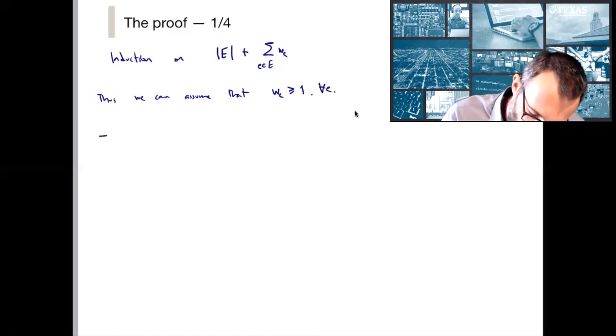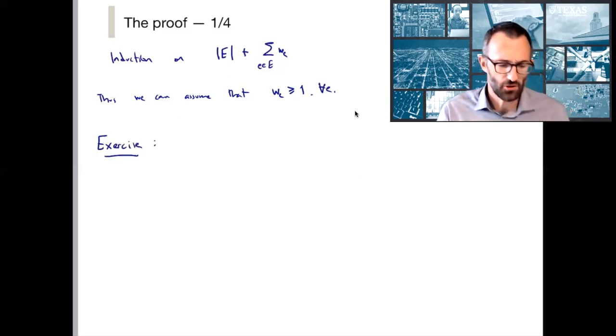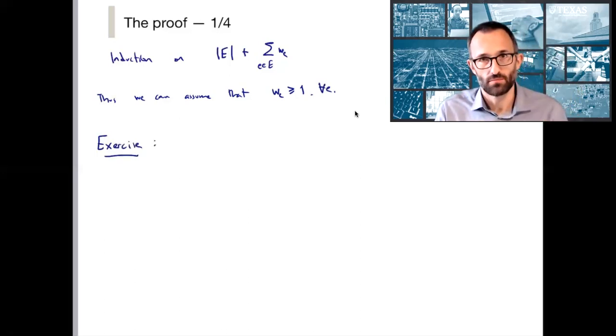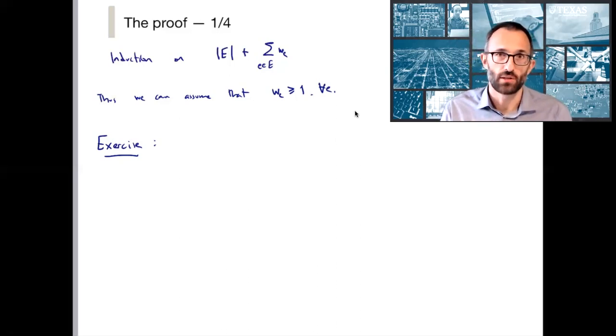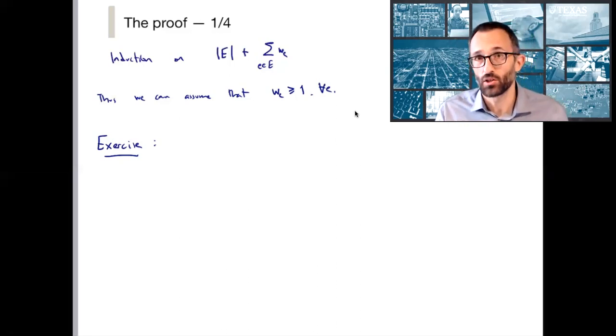And now here's an exercise. The exercise is to show that if there exists a vertex that is present in every max weight matching, then we can use this induction to solve the problem. So the rest of the proof is going to assume that there does not exist such a vertex.